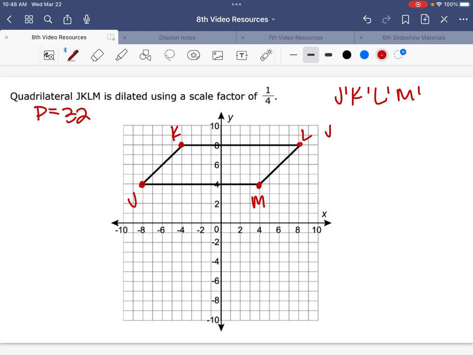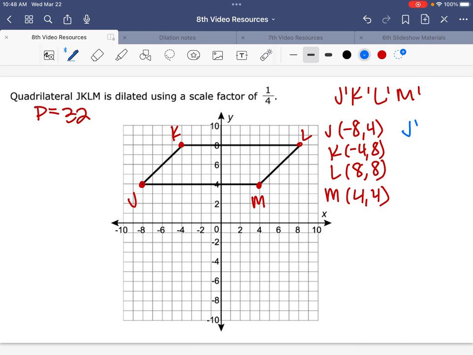So point J is at -8, 4. Point K is at -4, 8. Point L is at 8, 8. And point M is at 4, 4. So to find J prime, K prime, L prime, and M prime, we're going to take 1/4 of all of those coordinates.